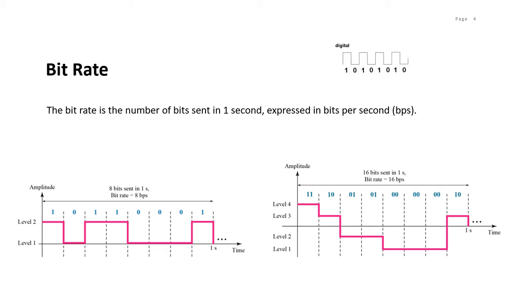Let's look at the previous figure again. Here the figure shows the bit rate for 2 signals. We have 8 bits per second on the left, as 8 bits were sent, and we have 16 bits per second on the right, as 16 bits were sent in a second.